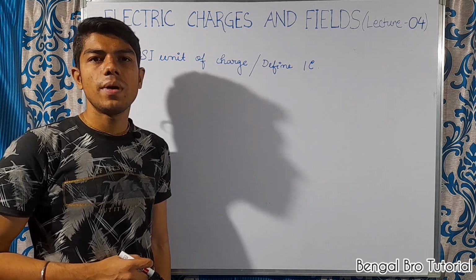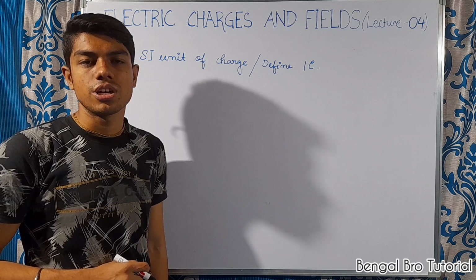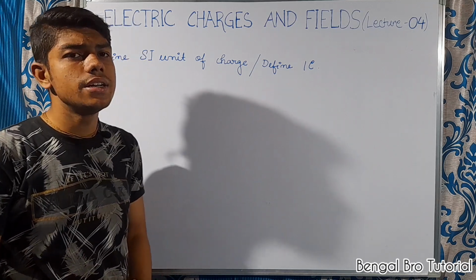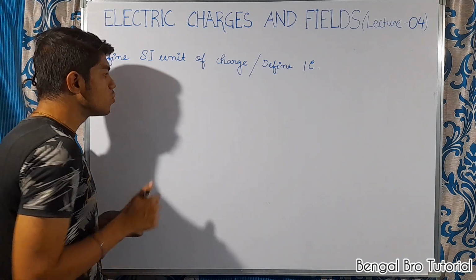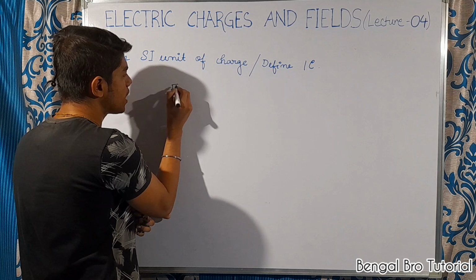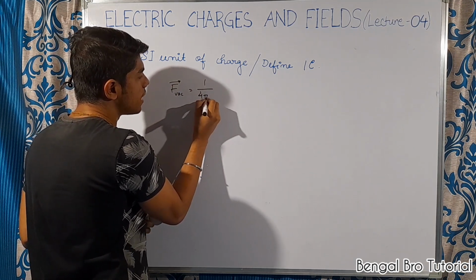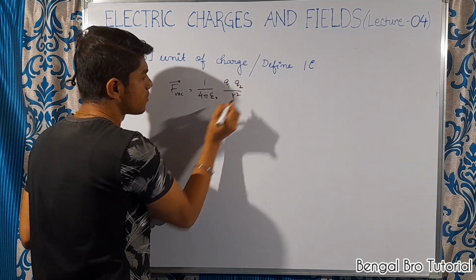Although Coulomb discovered his law without knowing the exact magnitude of charge in the metallic spheres, his law can be used to easily define the SI unit of charge. According to Coulomb's law, we have F in vacuum equal to 1 by 4 pi epsilon naught q1 q2 by r square.